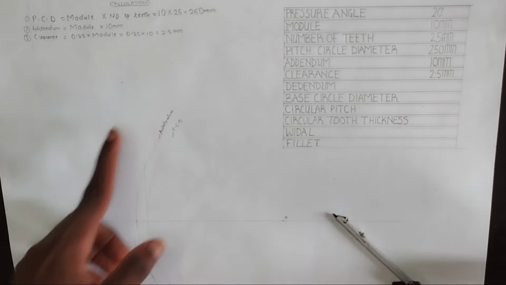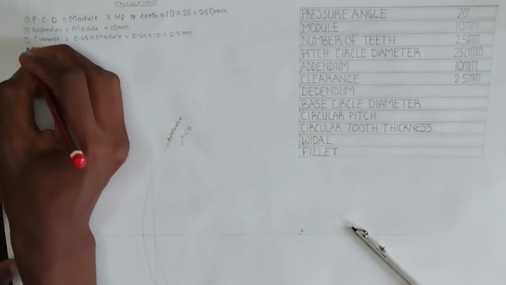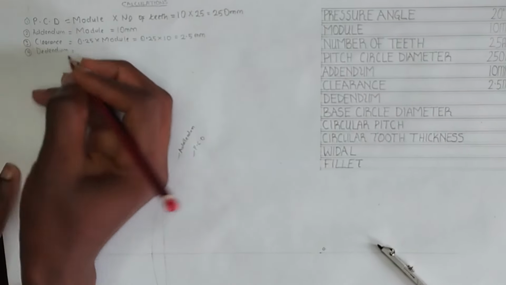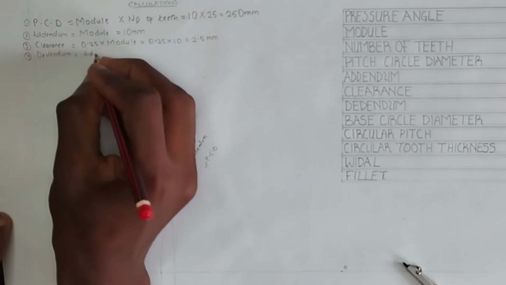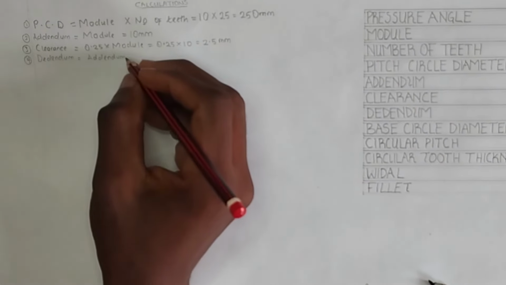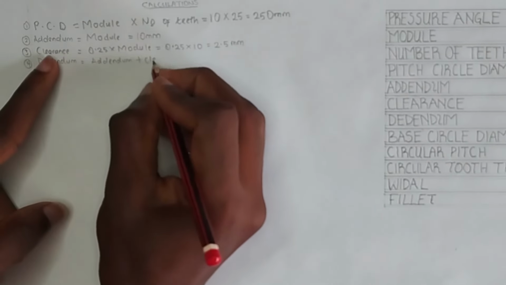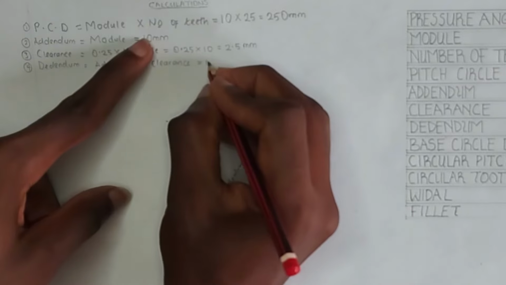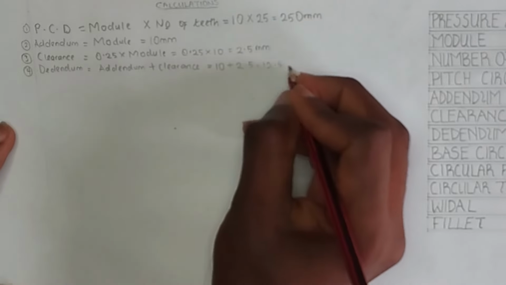Okay, so the next thing we are going to be doing is to find the dedendum. In order to find our dedendum, that is addendum plus clearance. Like I said earlier on, clearance is the difference between the addendum and dedendum. So dedendum is going to be addendum plus clearance. Our addendum is 10 millimeter plus 2.5, that is 12.5 millimeter.